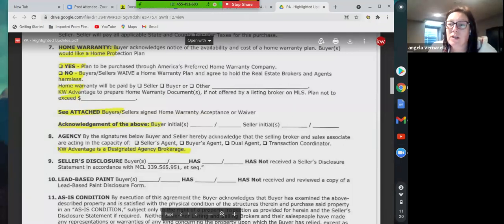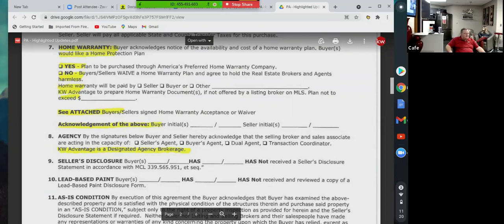Is the plan amount still not to exceed 500 on the new PA? I'm not sure what the home warranty, 425 is the cheapest one you can do for a buyer. 425 is the $100 deductible. And what's the next one? 460 is for the $50. 520 something, I think, is for the seller and buyer. Yeah.